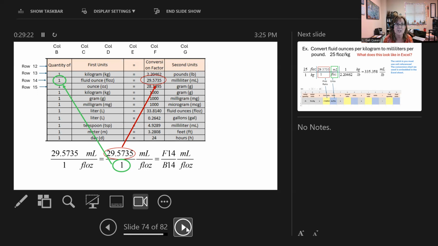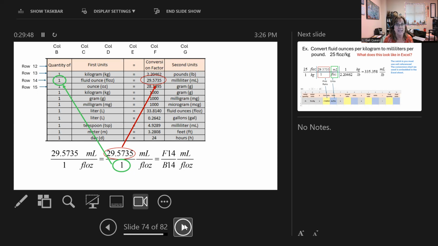Cell F14. So F14 goes in the top. That's where the number 29.5735 is. And the 1 came from cell B14. So in my Excel calculation, I'm not going to type in 29.5735 over 1. We're going to type in equals F14 over B14.